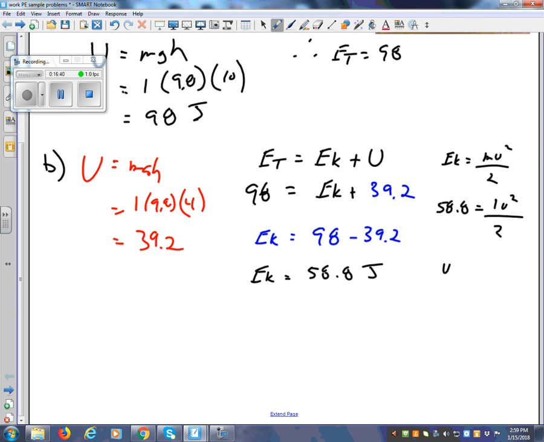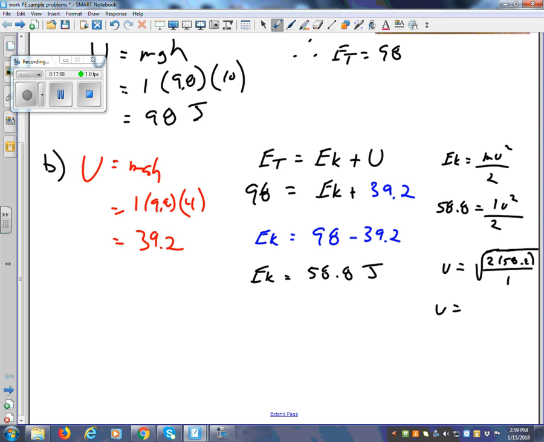So V is equal to, now can you do this math in your head? Not the arithmetic, but can you do the rearranging in your head? You should be able to at this point, grade 12. So that's going to be 2 times 58.8, all over 1. 117.6. Did you take the square root?